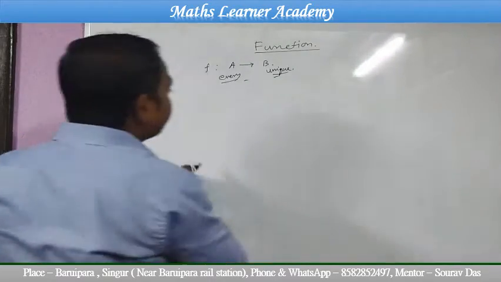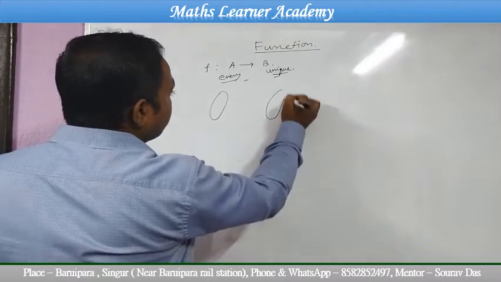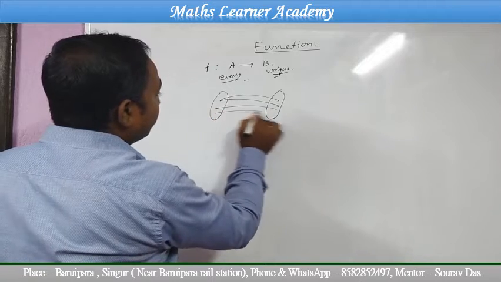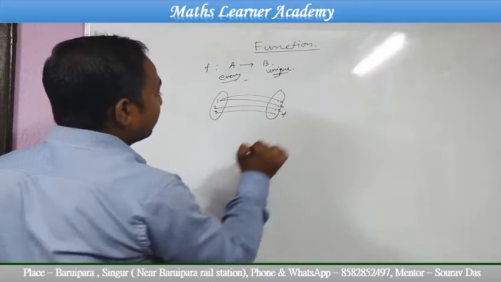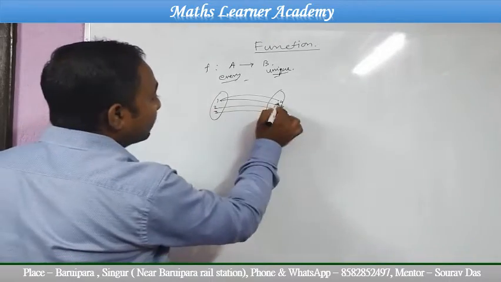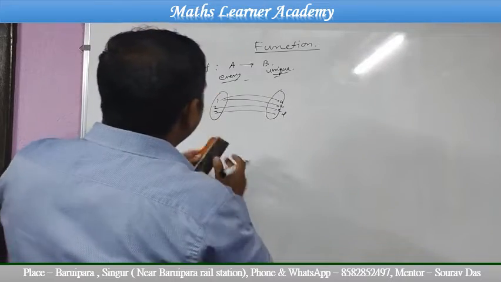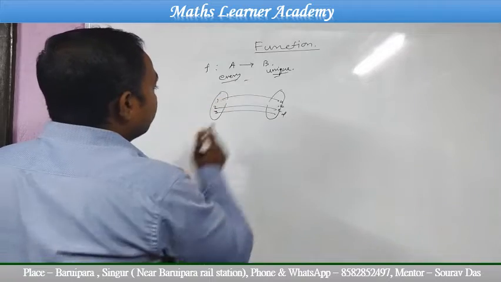So I am telling you some examples of function using this graph. Is it a function? Suppose 1, 2, 3 and a, b, c, d. It is not a function because this one is assigned with these two elements. Now I am erasing this, right?